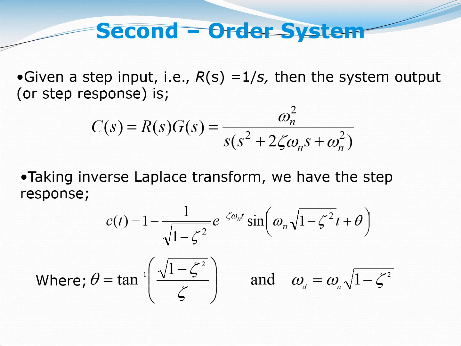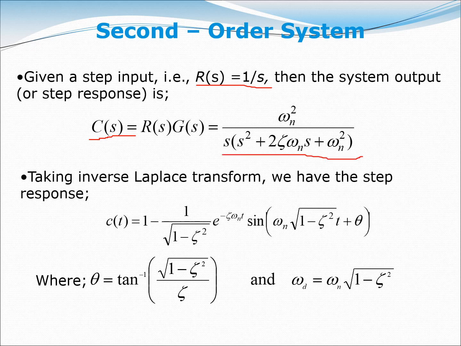Next, given a step input or unit step input where R(s) equals 1 over s, the system output is given as follows, where C(s) equals R(s) times G(s) equals this equation.